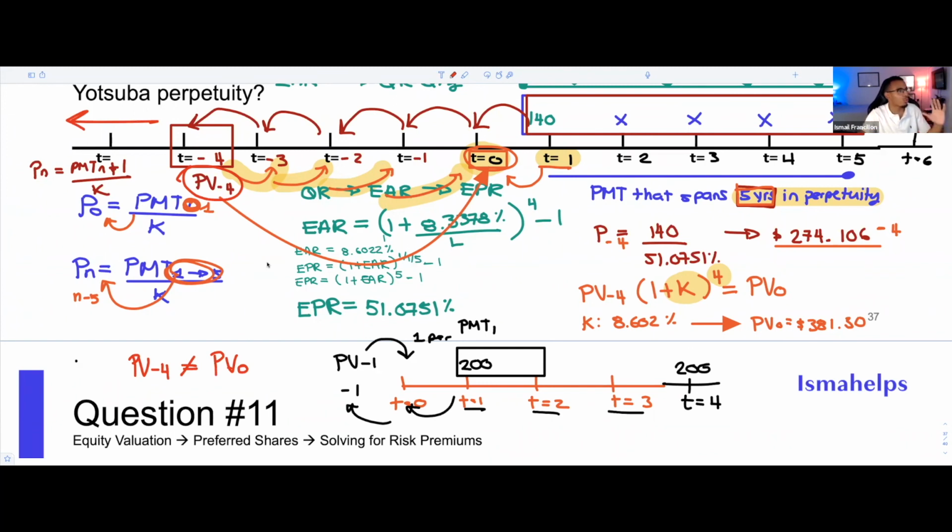We're trying to go towards the future, technically, like 0 is after minus 4. So because we're going all the way here, we need to compound interest to get to PV0. And that's why we took 274.11 times (1 + k) to the power of 4 to get 381.30.